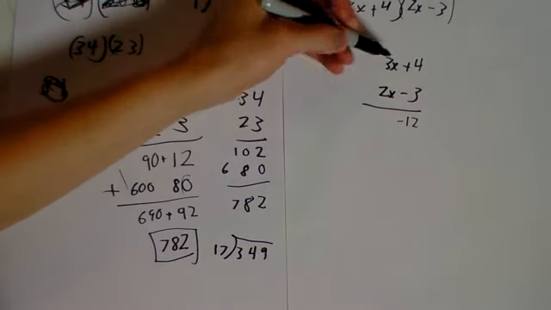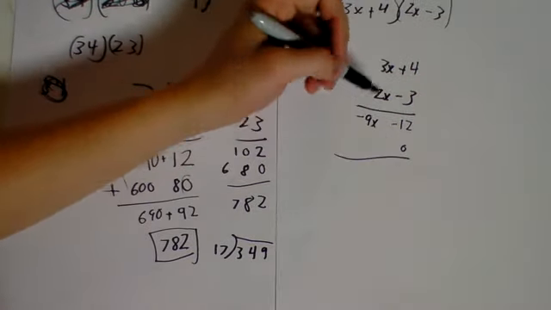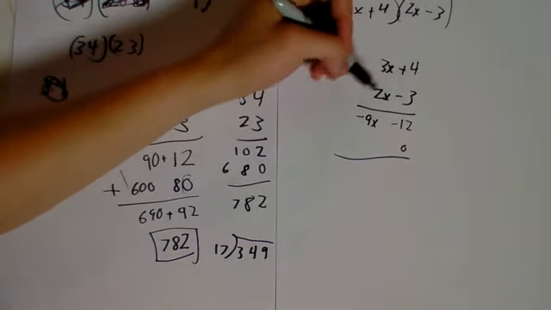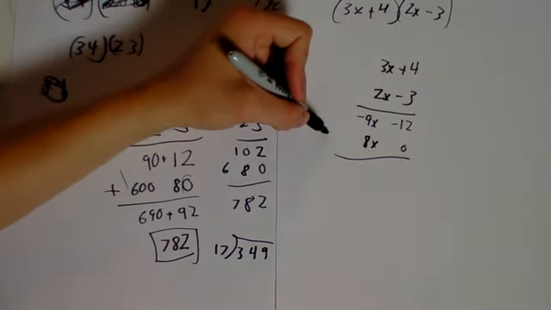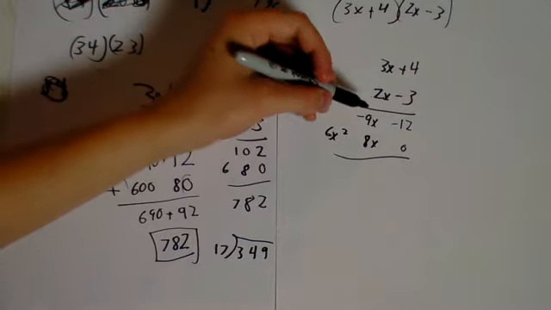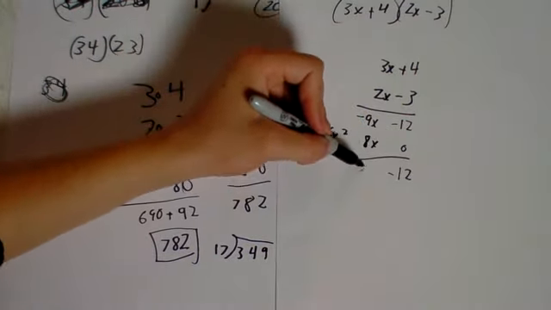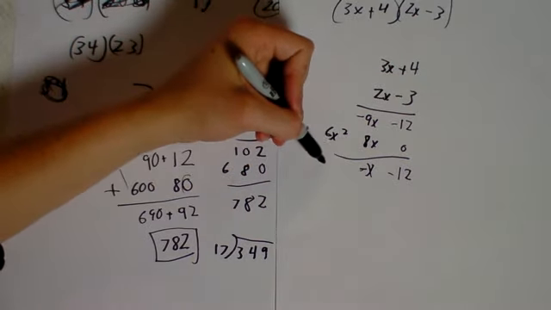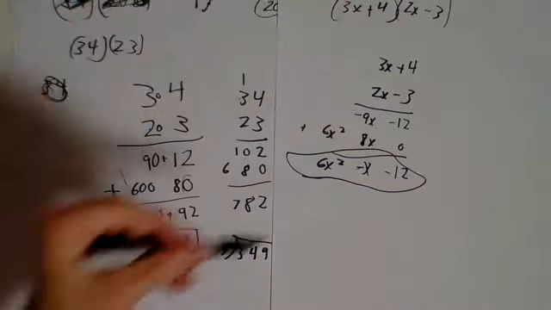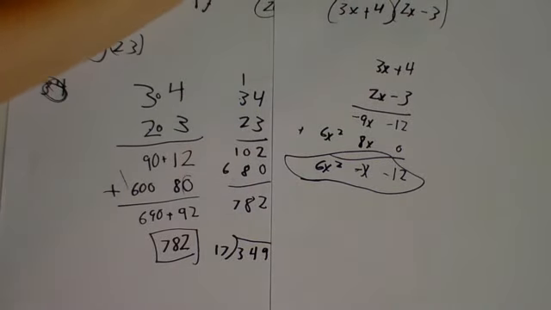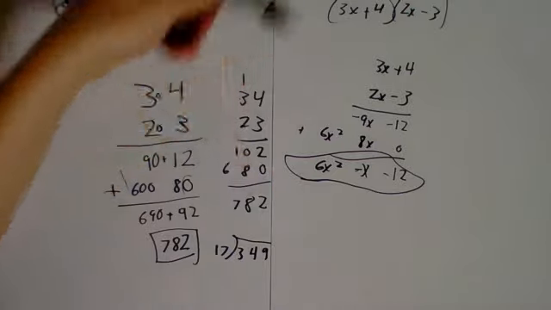Negative 3 times 3x is negative 9x. Put our 0 there. 2x times 4 is 8x. And 2x times 3x is 6x squared. Now we can add these together, and we get negative 12, negative x, and then 6x squared. That's our final answer. So we can do the exact same thing with negative numbers as we do with positive numbers. That's one of the benefits of working in this kind of situation.